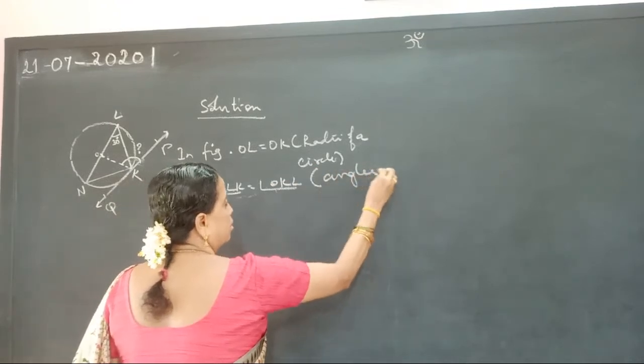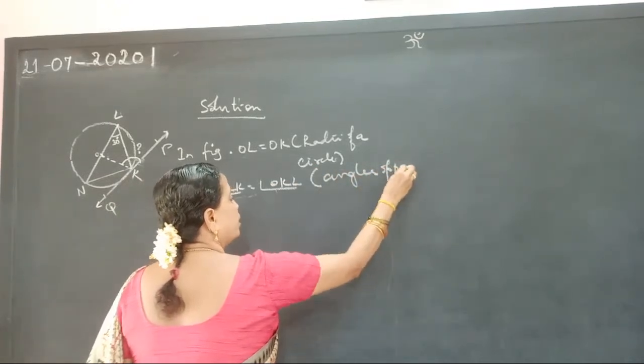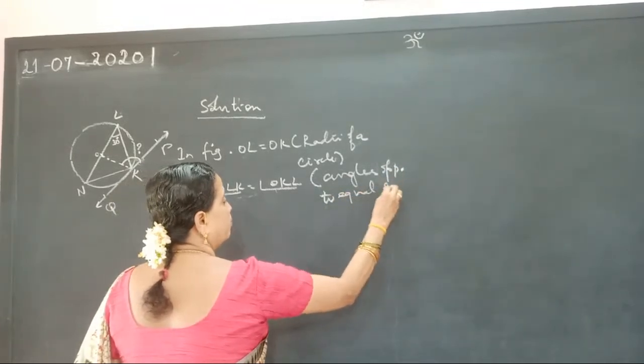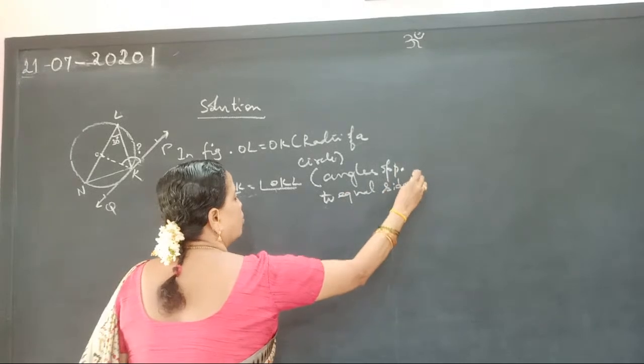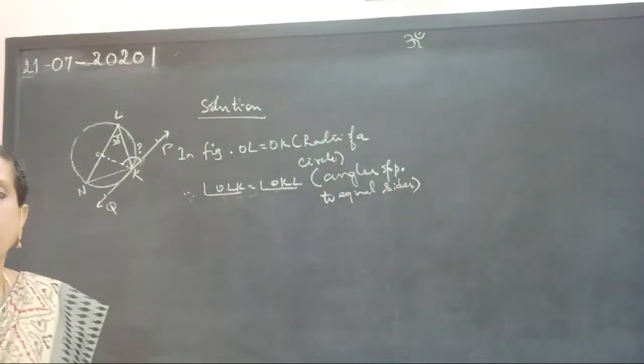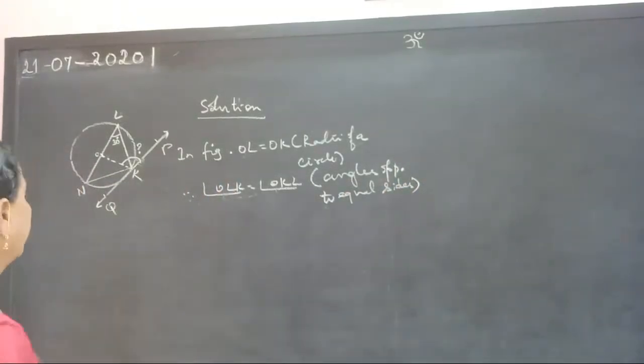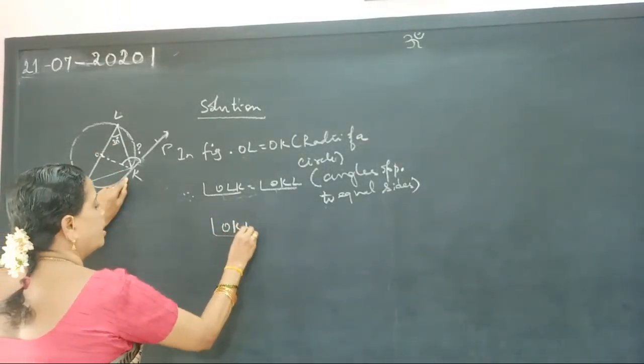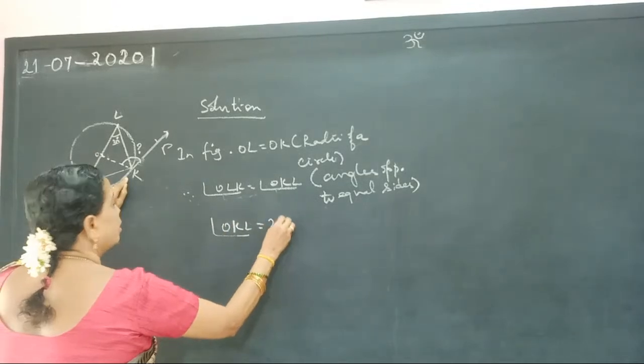Reason: angles opposite to equal sides. So, this is 30. Therefore, angle OKL is also 30 degree.